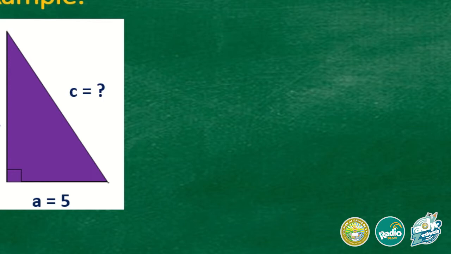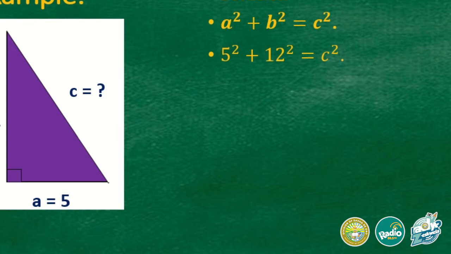To solve this problem, we will use the formula of the Pythagorean theorem, which is a squared plus b squared equals c squared. In this case, we are looking for the measurement of the hypotenuse. Substitute the given values in the formula. It will become 5 squared plus 12 squared equals c squared.